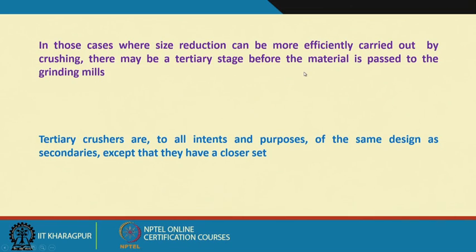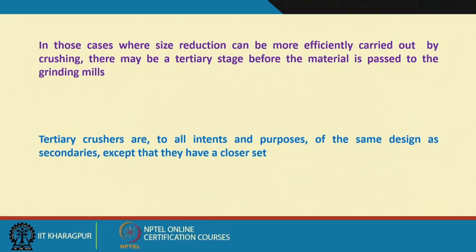In those cases where size reduction can be more efficiently carried out by crushing, there may be a tertiary stage before the material is passed to the grinding mills. Towards the end of this lecture on crushing devices, I will show you how you will decide how many crushers, how many secondary crushers you require.